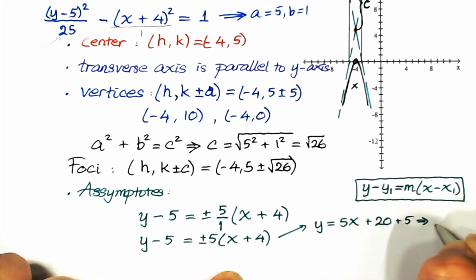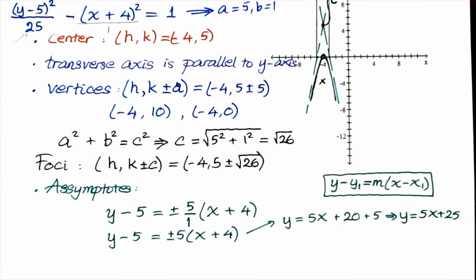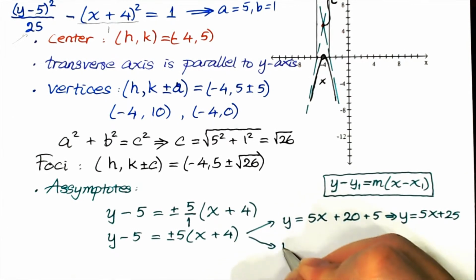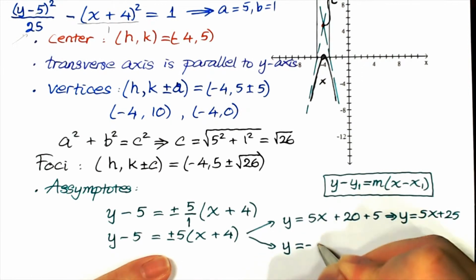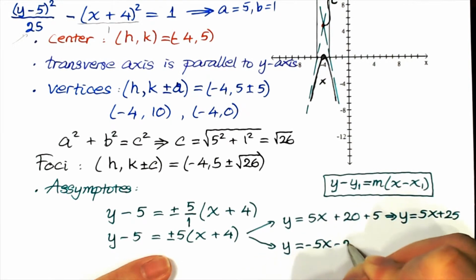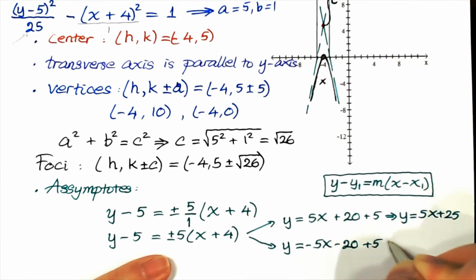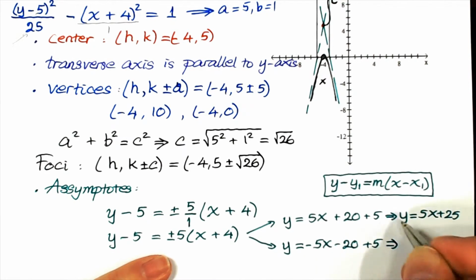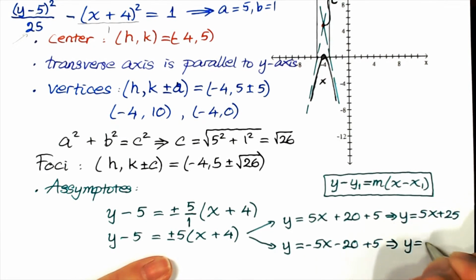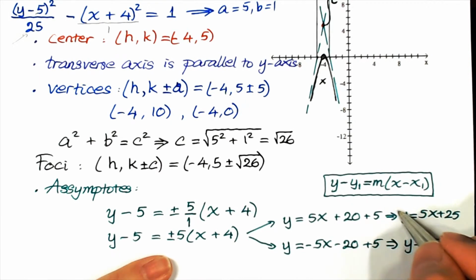So the equation y equal to 5x plus 25 is one of the asymptotes. And the other equation is with the negative slope, negative 5x, negative 20, plus 5. So we have y equal to negative 5x minus 15. And so we have two asymptotes.